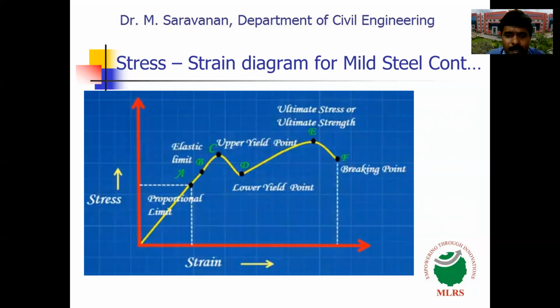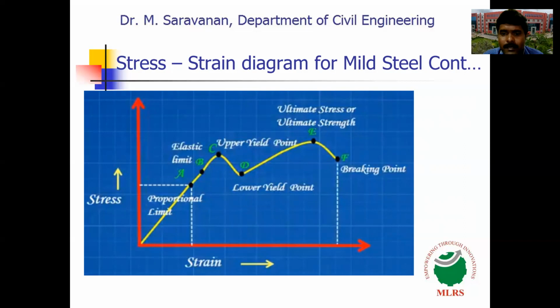Beyond the D point, if you keep on increasing the stress, it reaches the point capital E. At this point, the material will get the maximum stress. It means after this point, the material will not withstand its strength. It means it can fail, right?